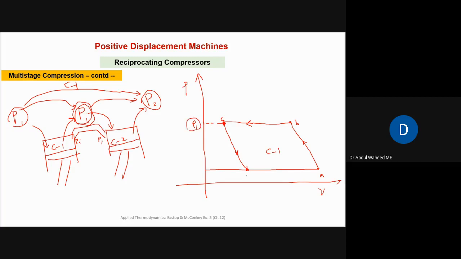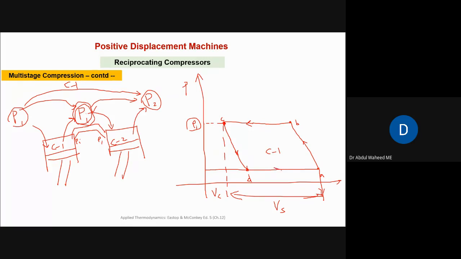Okay. So here A, B, C, D is low stage compressor. That is VC for low stage compressor, and that is VS for high stage compressor. Now it means the substance is now entering into the second stage compressor at a higher pressure.